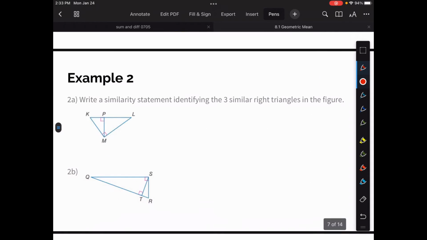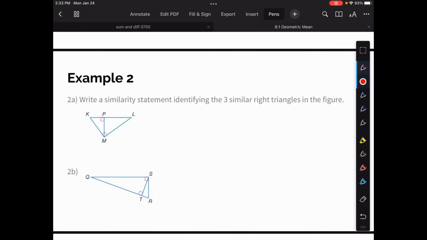So example 2 says write a similarity statement identifying the 3 similar right triangles in the figure. All right, so we know that it's going to be the small right triangle, the medium-sized right triangle, and the big one. I'm going to start by labeling my small right triangle. I'm going to put my right angle as my middle angle.